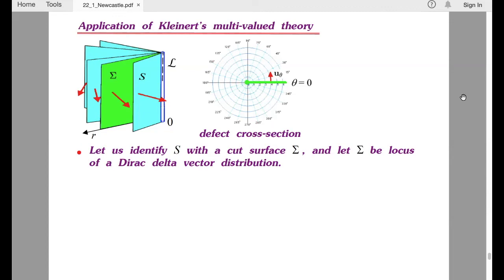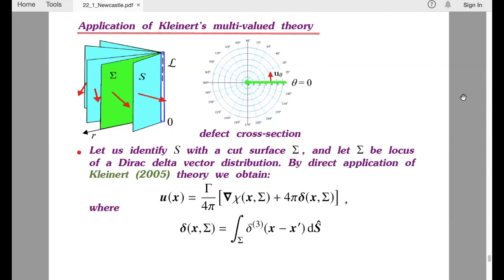Now things get a bit more difficult here. I'll skip all the details, but in summary, what you find by direct application of Kleiner's theory is a velocity u that is now given by grad chi and the contribution from this Dirac delta distribution. Now, don't get confused by my terminology.